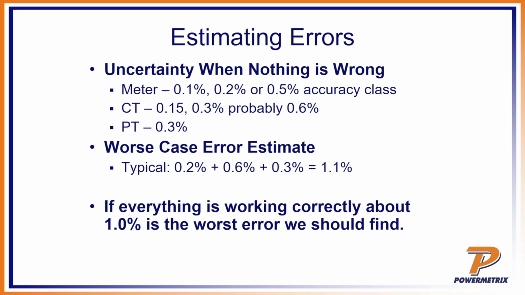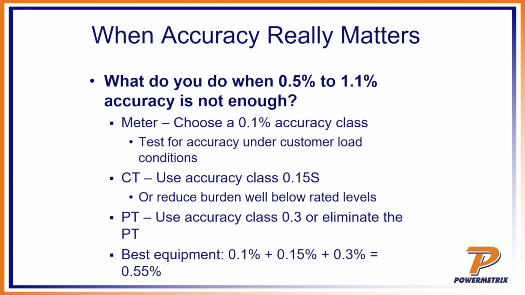So what that means is there is error that we cannot avoid in all of these instruments. My worst case error estimate means if I add up that 0.2% and that 0.6% and that 0.3%, that adds up to 1.1%. So if everything is working correctly, about 1% is the worst error that we should find.